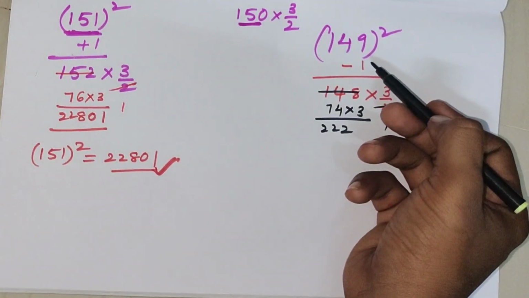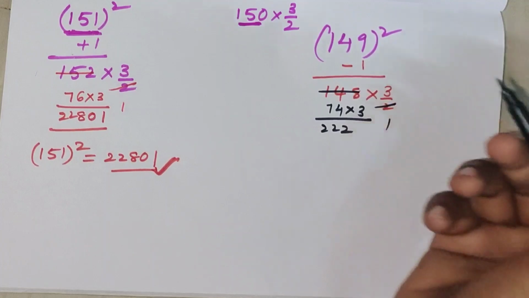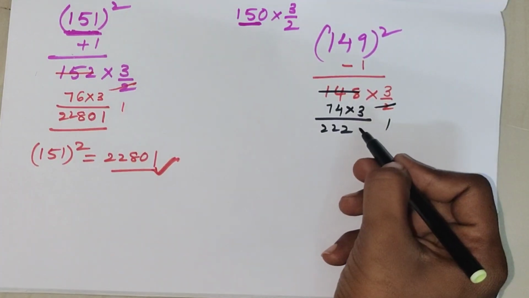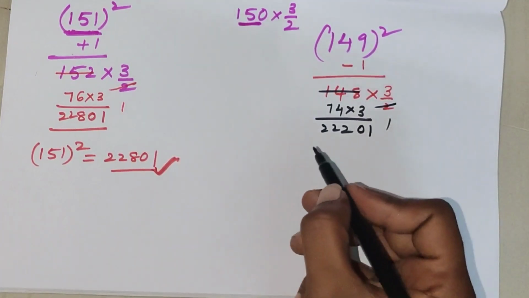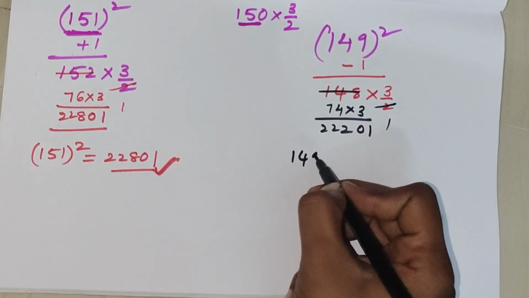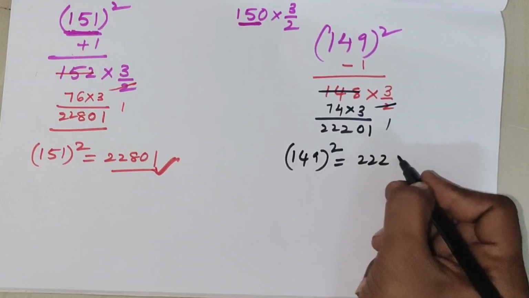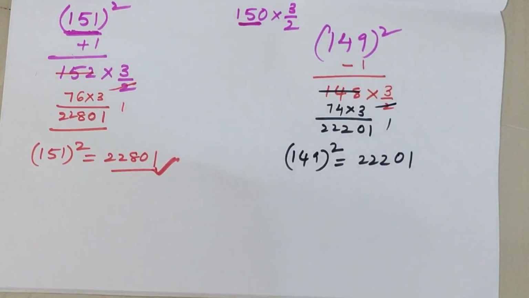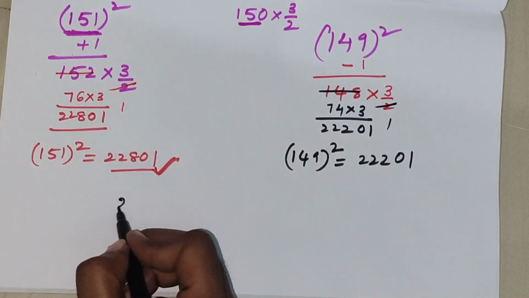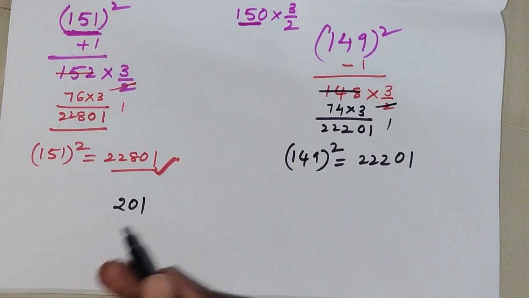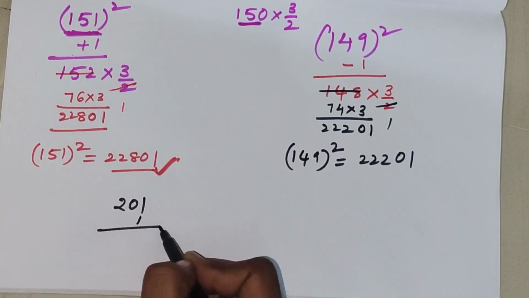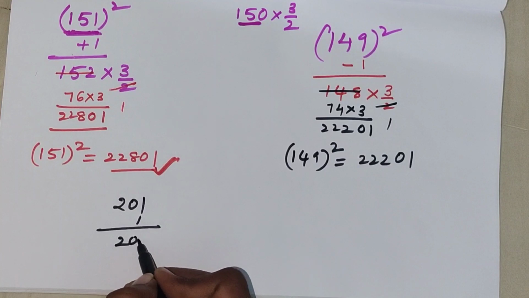But how much less was it? It is less by 1. Then 1 square is 1. We should go with 0 1. Then we can say 149 whole square is equal to 22201.